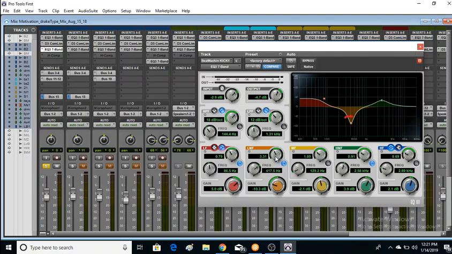So we see we have a tight Q right here and a tight Q. As you see, the numbers get higher as the Q gets tighter, the numbers get smaller as the Q gets wider. So we have this tight Q right here, about 5.3, and we're at about 417 hertz. You see us on the graphing chart right here. We're around a little before 500 hertz, and we're around -10 decibels of gain.